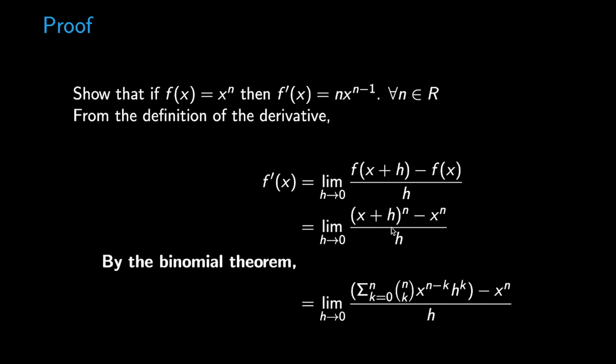Now, by the binomial theorem, this is what we use to expand x plus h raised to n. Because if we simply substitute 0 for h in this function, what we get is basically an indeterminate form, because we get x plus 0, that's basically x raised to n minus x raised to n. That's just 0.